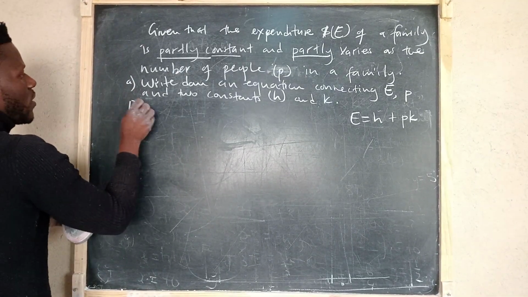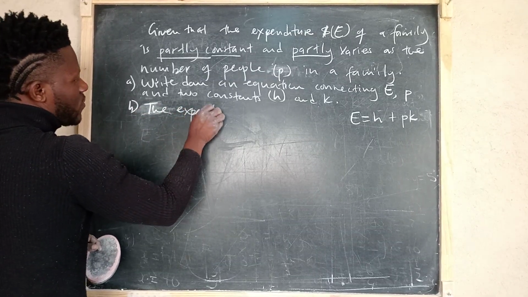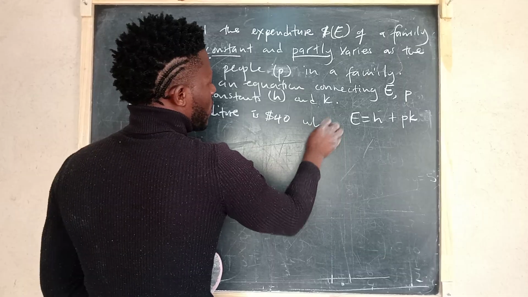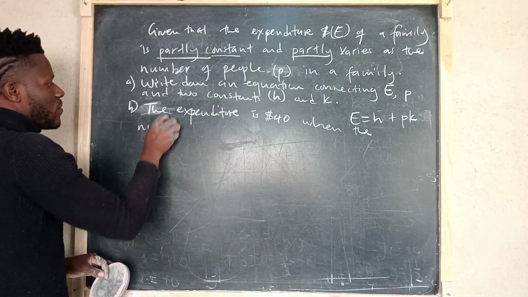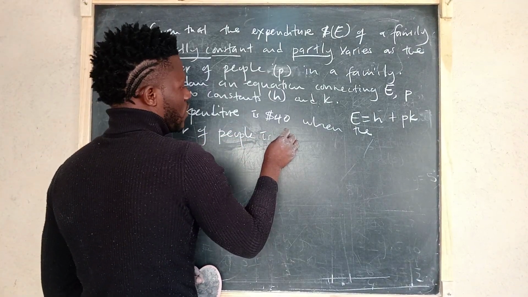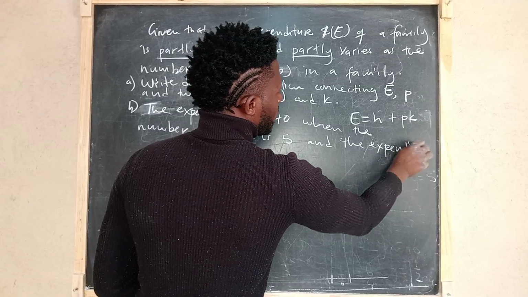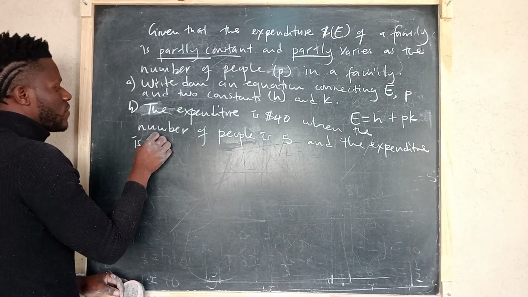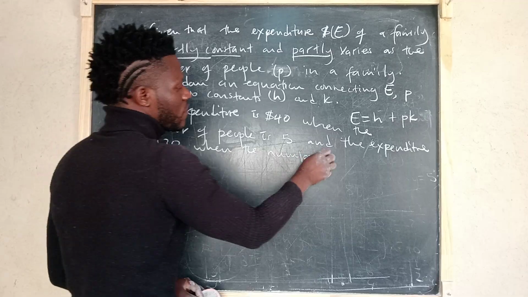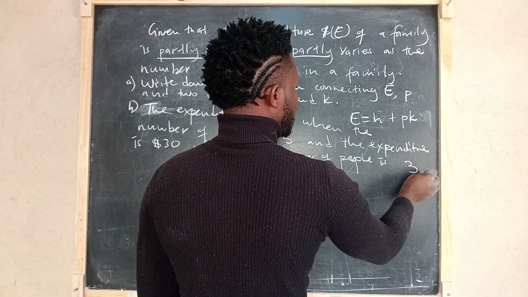Number B. The expenditure is $40 when the number of people is 5, and also the expenditure is $30 when the number of people is 3.